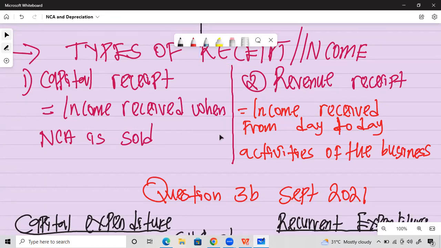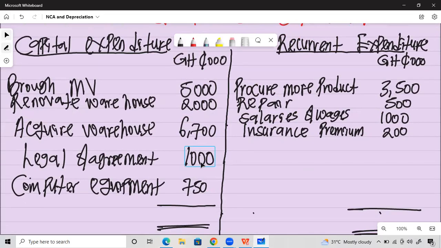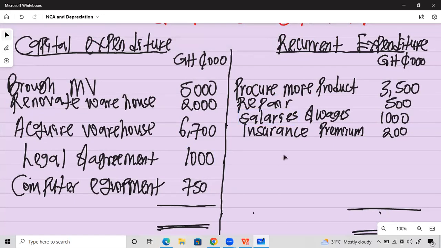Okay. We also do a simple illustration on classification from one of the exam diets, which is Question 3B, September 2021 diet. Let me attend to this question.